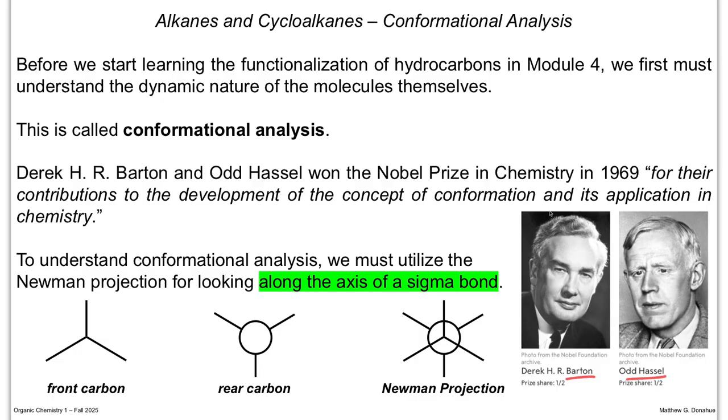When you draw something static, it's one picture. You draw it another way, it's another one. So in a sense, the way you draw things are isomers. So conformational isomers, or conformers.